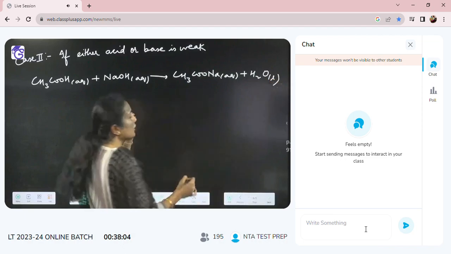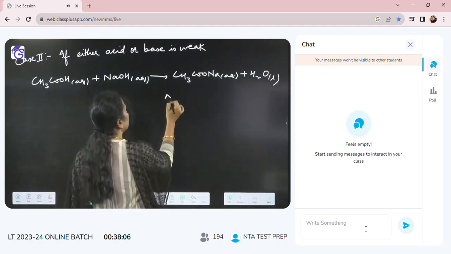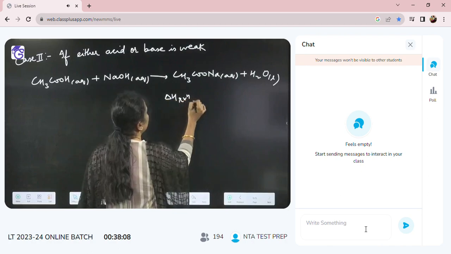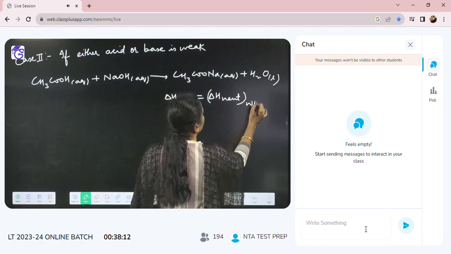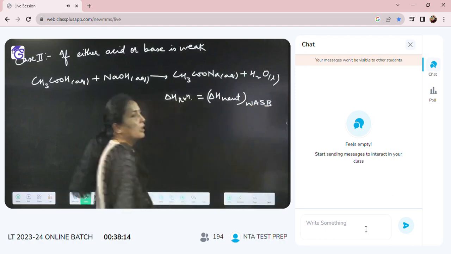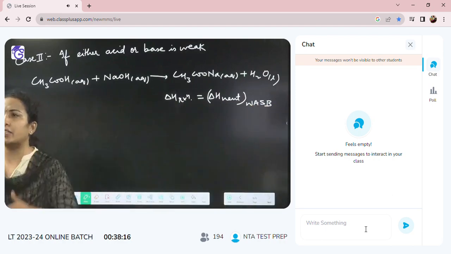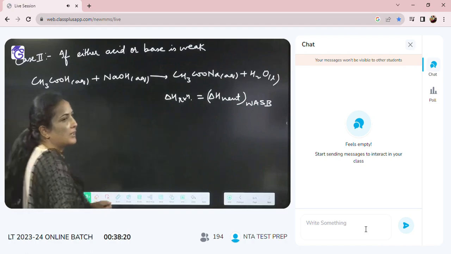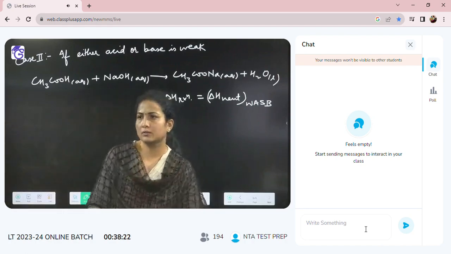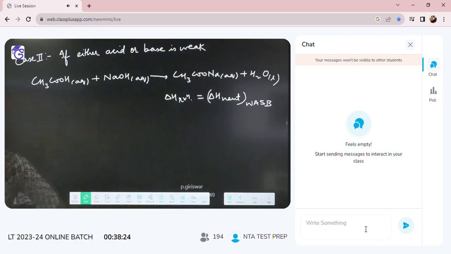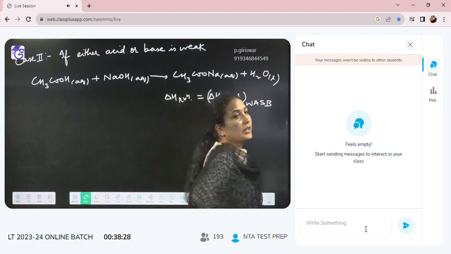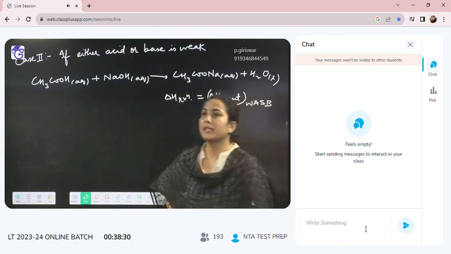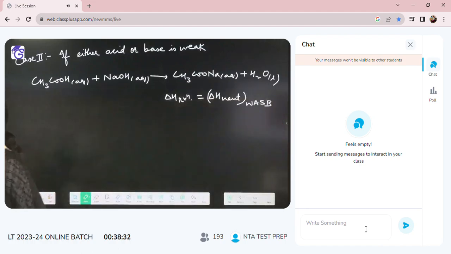Now this reaction is balanced, and whatever the enthalpy change during this reaction is, it is actually the neutralization of a weak acid by a strong base. Do you think that only 13.7 kilocalorie will be liberated in this case, or could it be lesser or more than that? What is your thought on that? Whether it is 13.7 kilocalorie which is going to be liberated, or lesser than that, or more than that. Write your opinions in the chat box there.